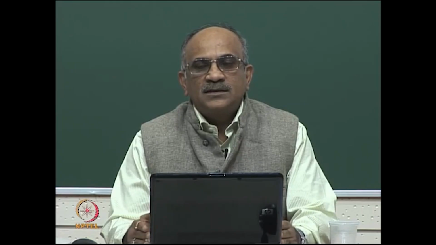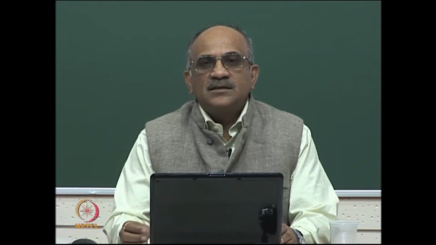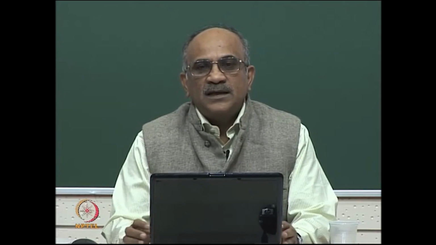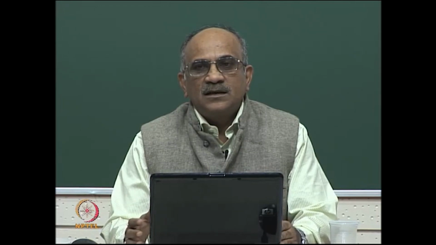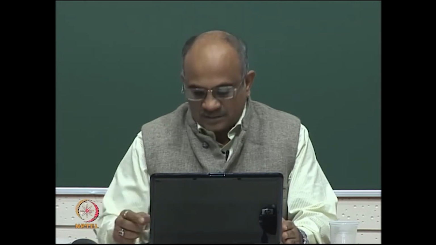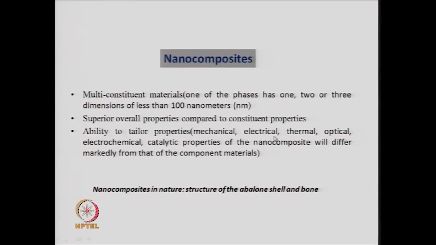The 2 ingredients or 3 ingredients, all of them need not be nano sized. Even if one of the ingredients is of nano dimensions, then its mixture with another material which has, say, micron sized particles will still be called a nanocomposite. So, nanocomposites are multi constituent materials where one of the phases has 1, 2 or 3 dimensions of less than 100 nanometers.